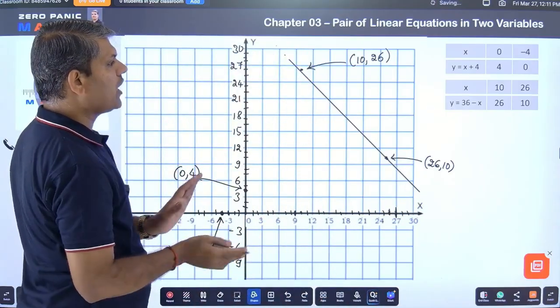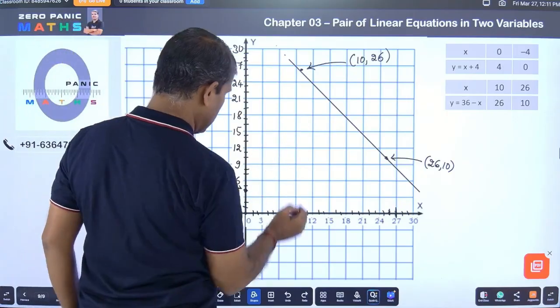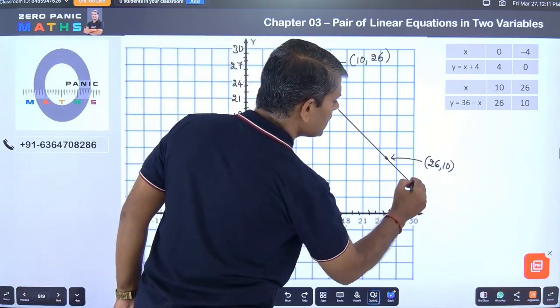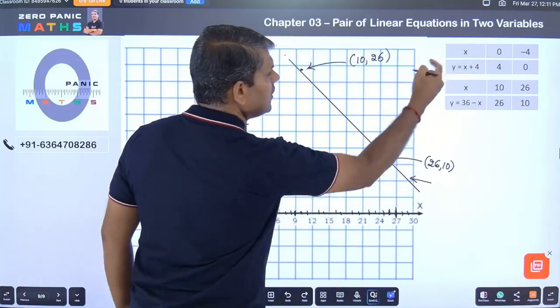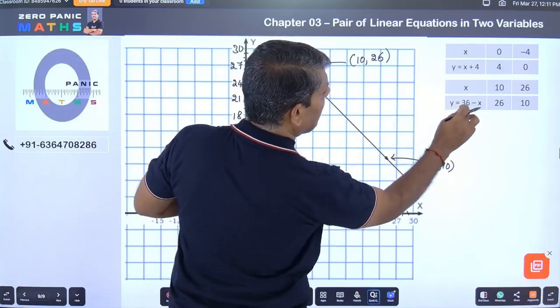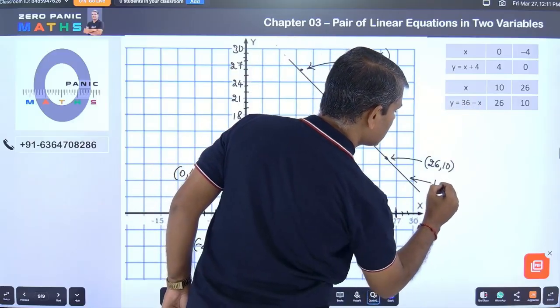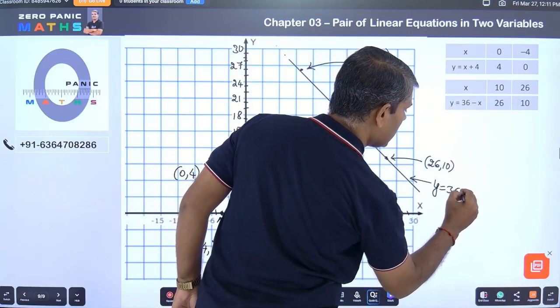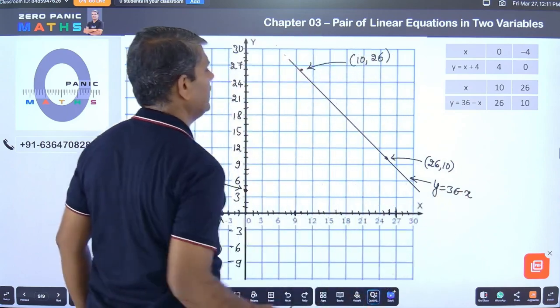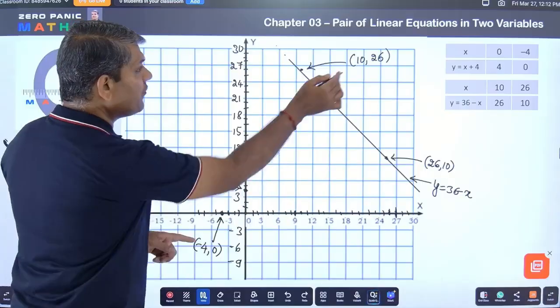Okay, it is more or less okay. So what is this line? This line is the second line, y is equal to 36 minus x.